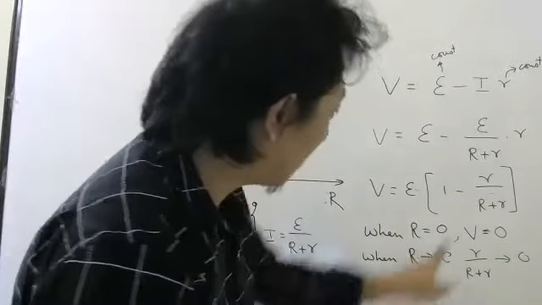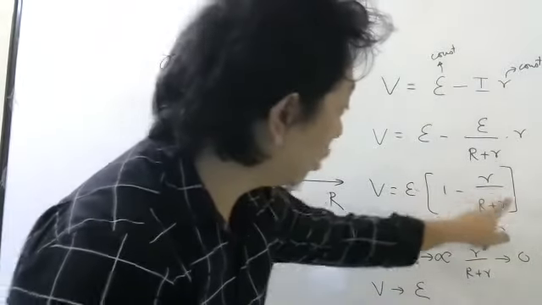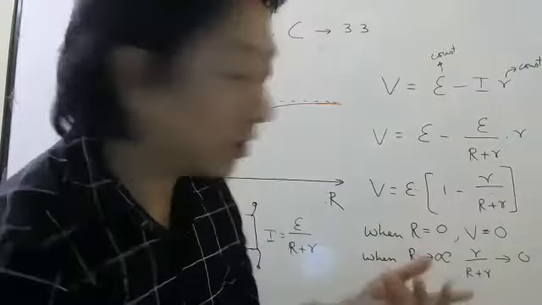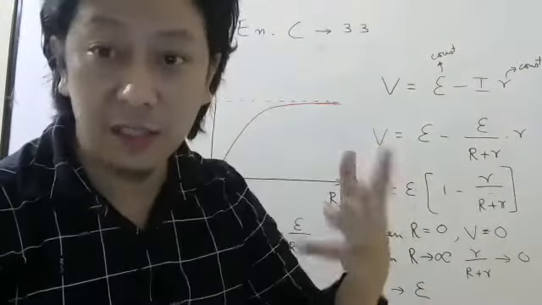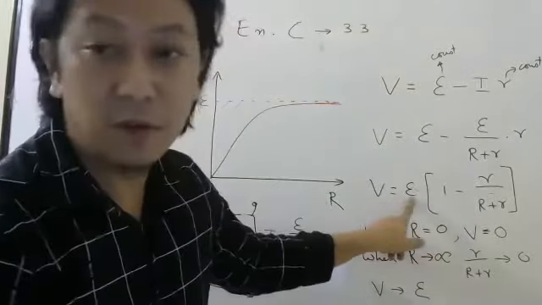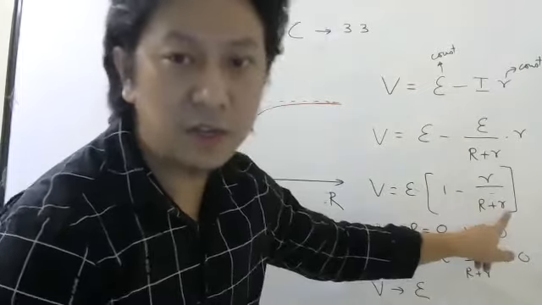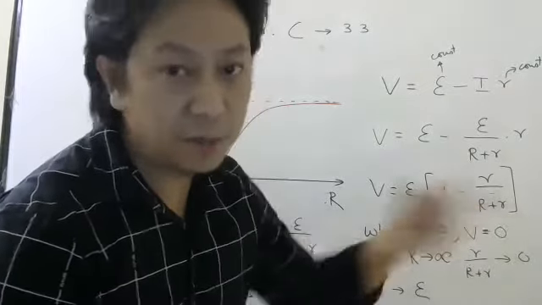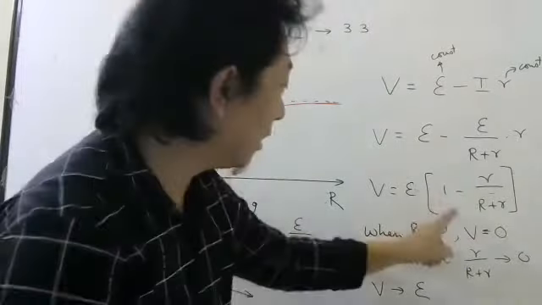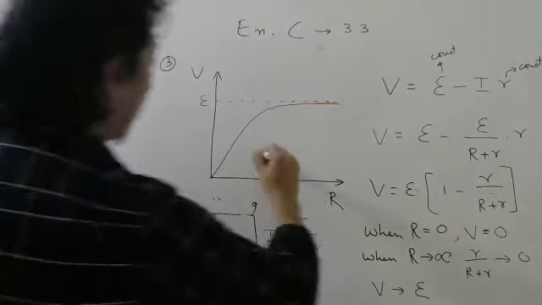Because when R goes to infinity, this denominator will be very, very large, and something divided by very, very large is very, very small. So your V will become almost the same as EMF, because it will be 1 minus almost 0, almost 1. 1 into E will be almost E. So this is the right graph. So that is the answer.